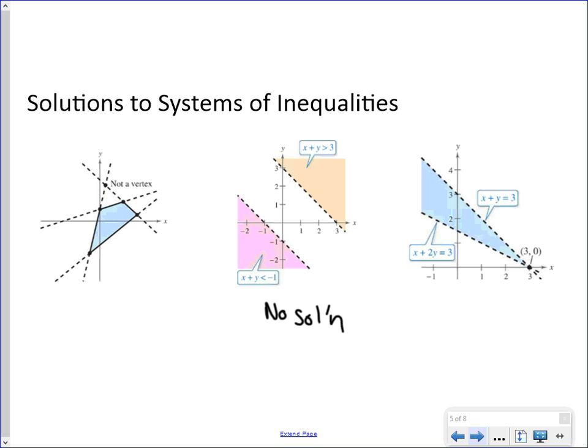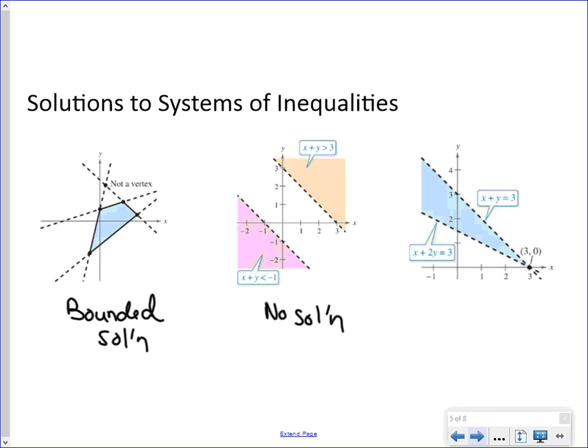This is called a bounded solution, meaning it has some boundary on all sides. It's closed. If you think geometry, it's like a polygon. It's got some points and sides all the way around it.